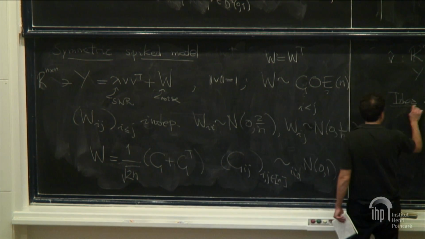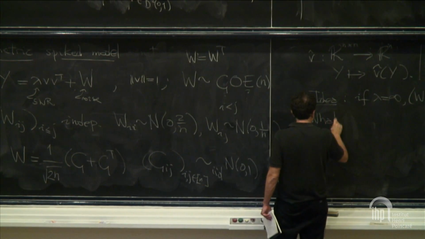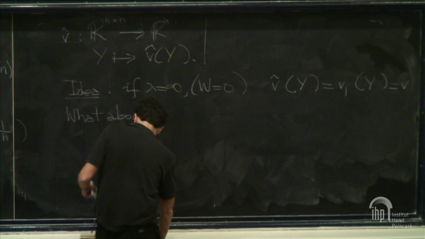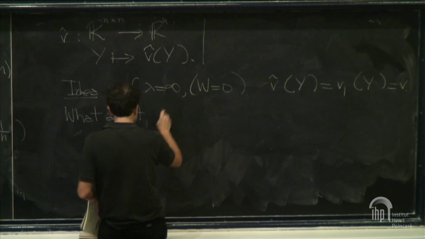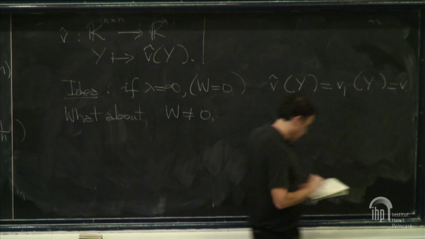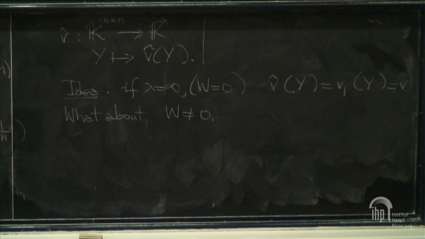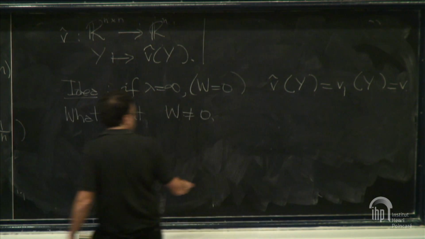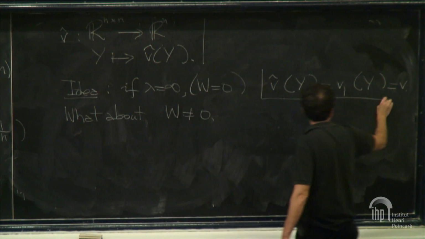So in the case where W is different from 0, we have this estimator.